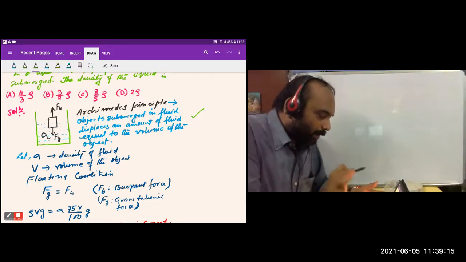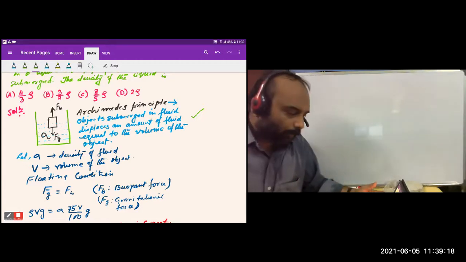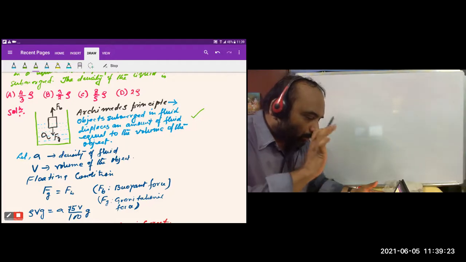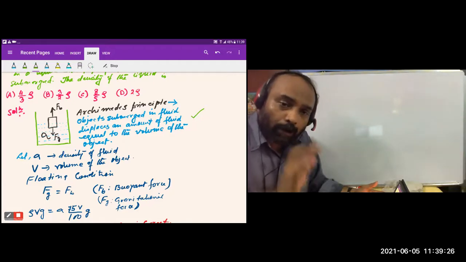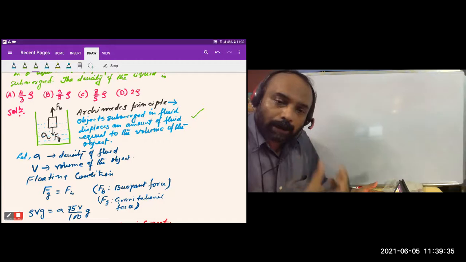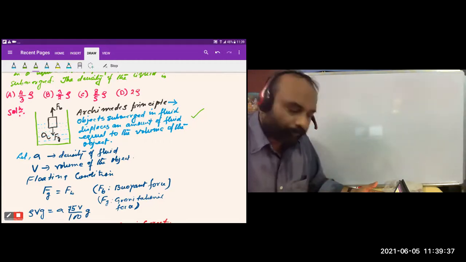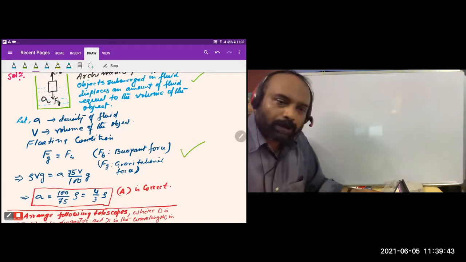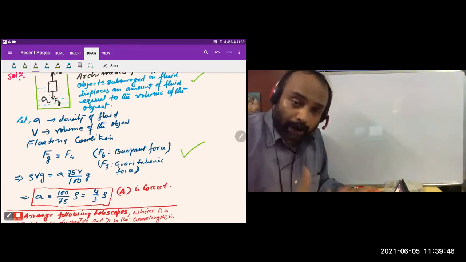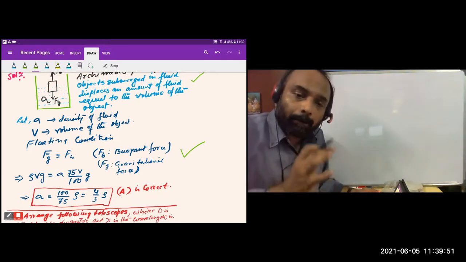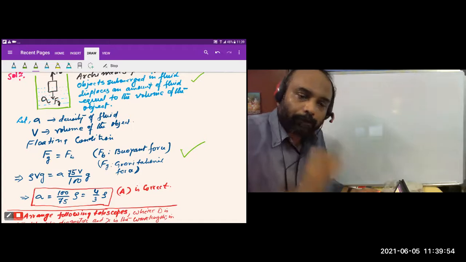So let sigma be the density of my fluid, V the volume of the given object. According to the floating condition, our buoyant force must be equal to the gravitational force acting on the object. So Fg, which is the gravitational force or weight of the object, is equal to Fb, which is my buoyant force.